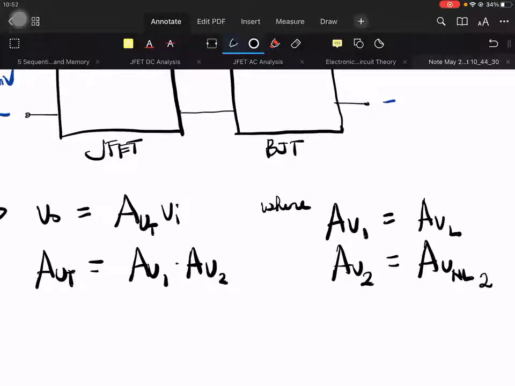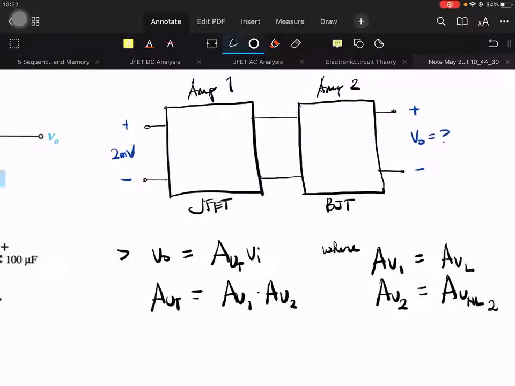Why AVL, not AVNL? May load si amplifier 1. Does amplifier 1 have a load connected to it? Yes or no? A load doesn't necessarily mean na may resistor na connected sa iyang output.